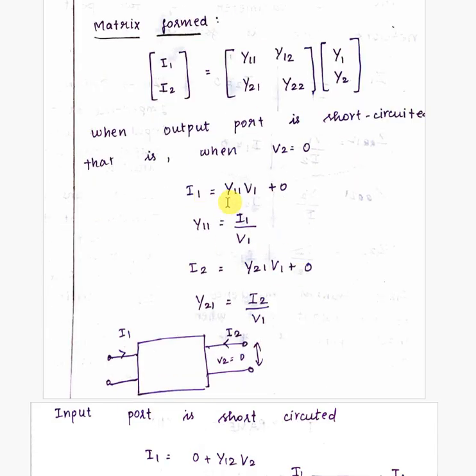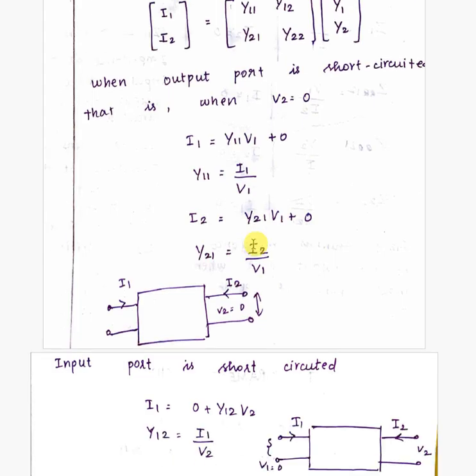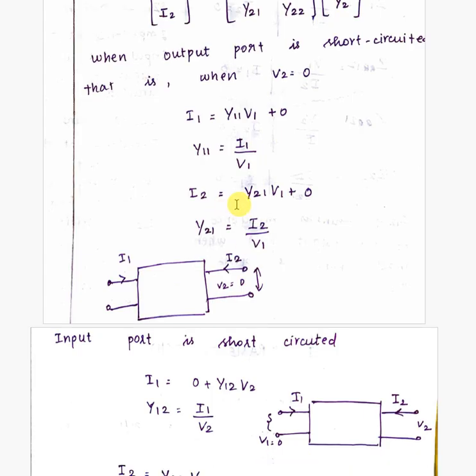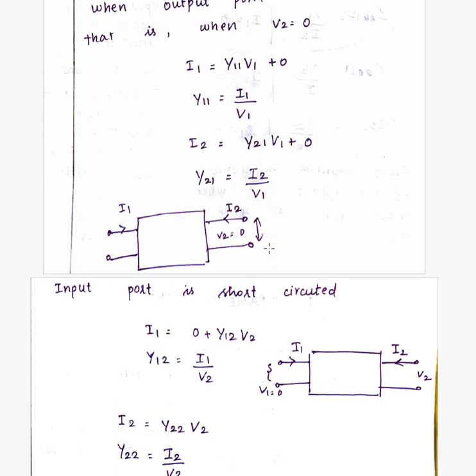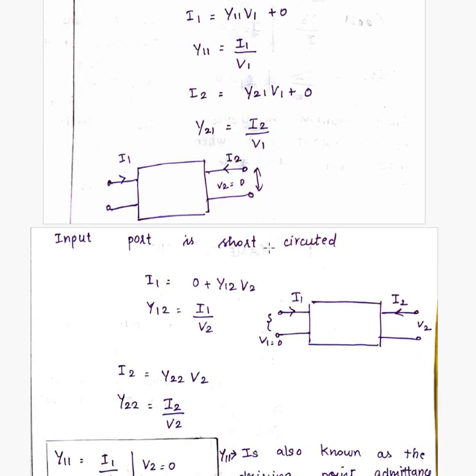So I1 equal to Y11 into V1. If we rearrange this equation, Y11 equal to I1 by V1. In the second equation, if we substitute V2 equal to 0, I2 equal to Y21 into V1. So Y21 value will be I2 by V1.